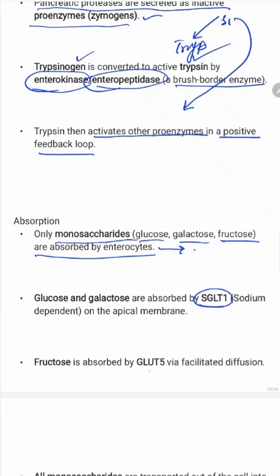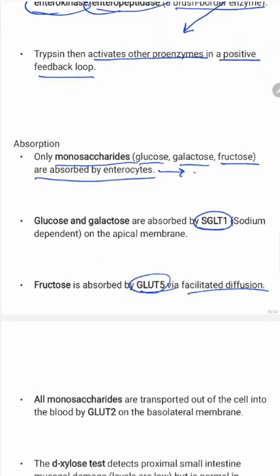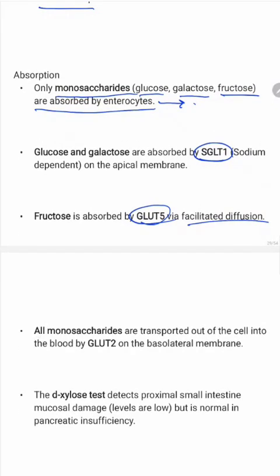Now, fructose is absorbed by GLUT5 via facilitated diffusion. Now, all monosaccharides are transported out of the cell into the blood by GLUT2 on the basolateral membrane.